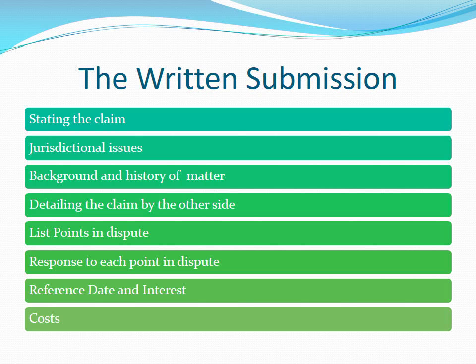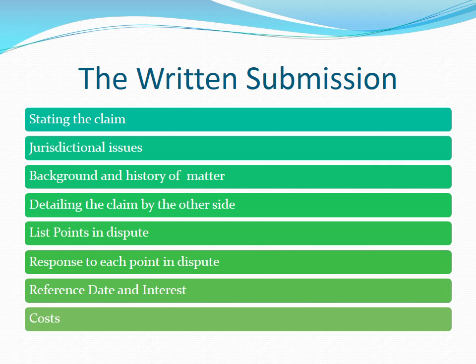The written submission for the adjudication response follows the set out of the application submission essentially, and you are referred back to those two screens. The main difference is that your arguments will be directed to why you do not need to pay.